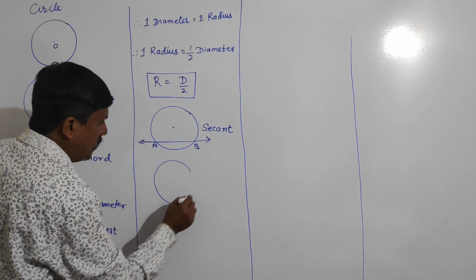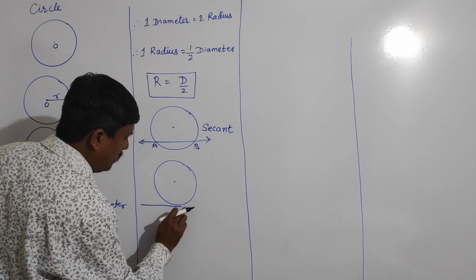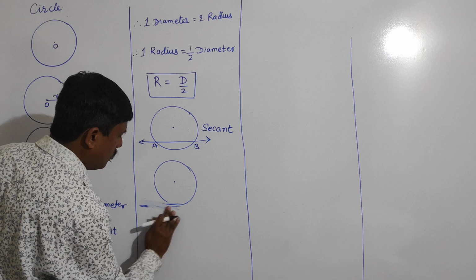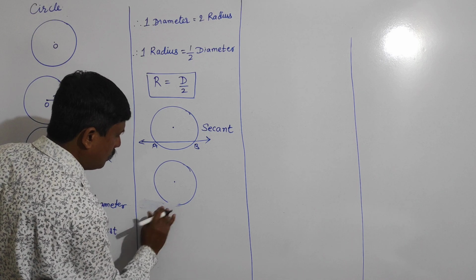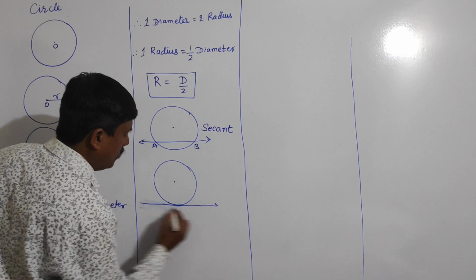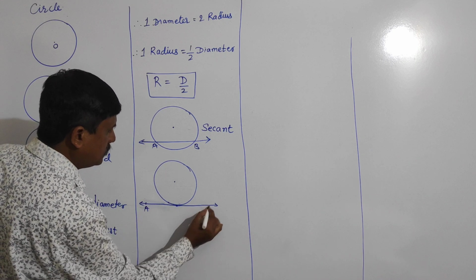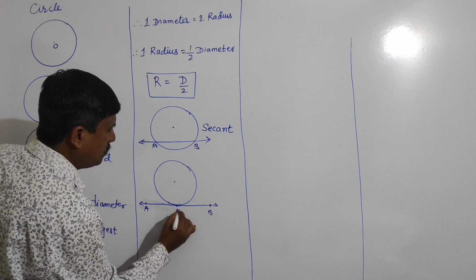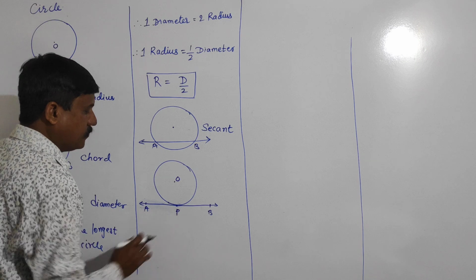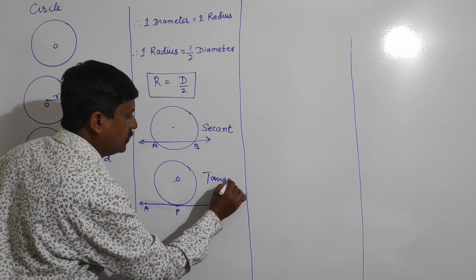If it touches only one point, only one point, right? This is A, this is B, this is P, and this is O. So what is this? This is nothing but a tangent.